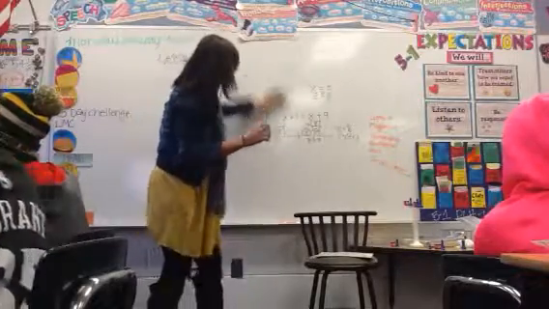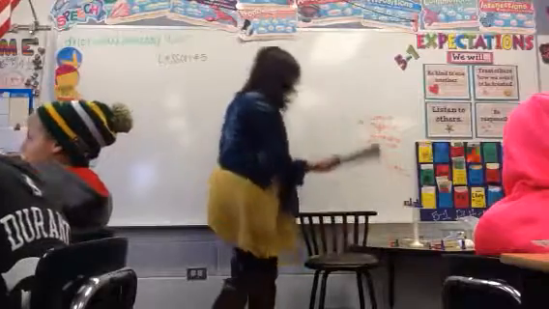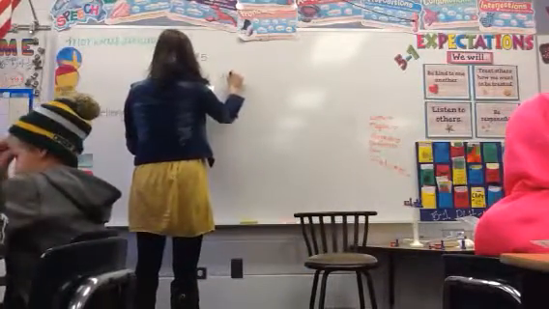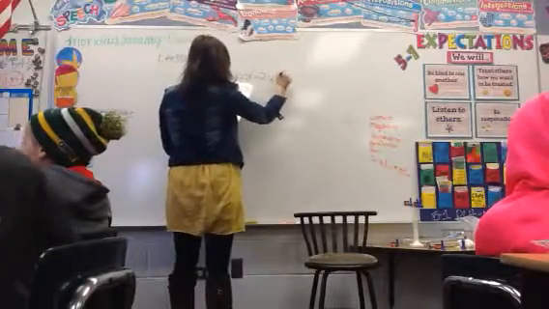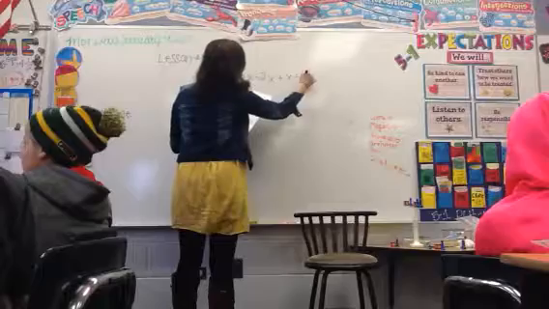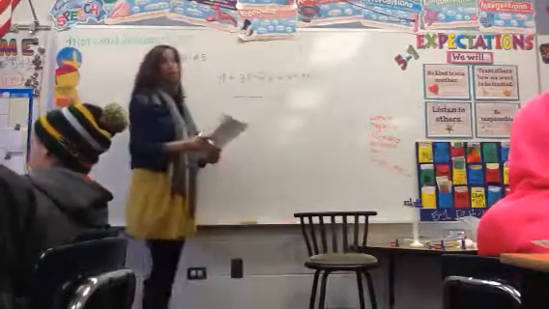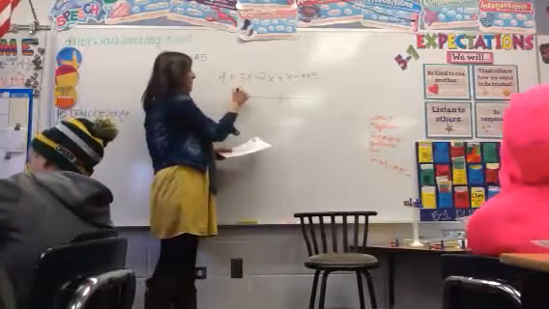Okay, let's do one more. I'm just going to write this one with you guys while you solve on your mat. So don't do anything yet. Let me get the whole equation written down. It's a long one. Okay, here we go. So let's start. It starts with 4, so go ahead and put your 4 cube on.